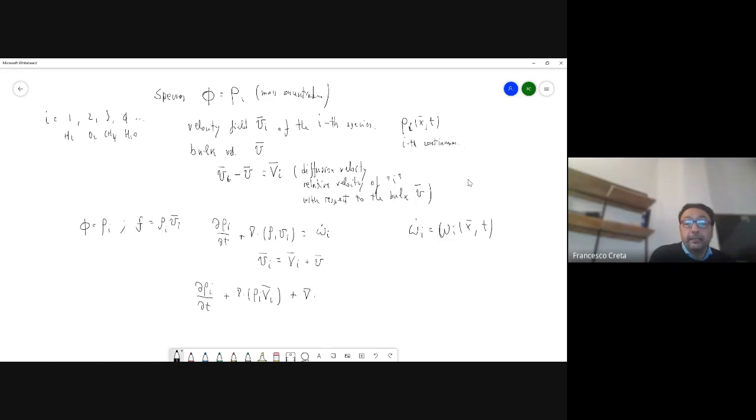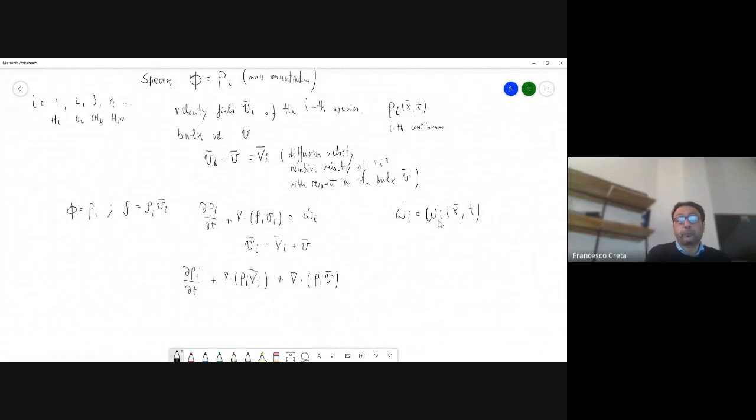And then the divergence of rho I and V, and this has to do with essentially a bulk kind of motion or an average motion, equal to omega I.